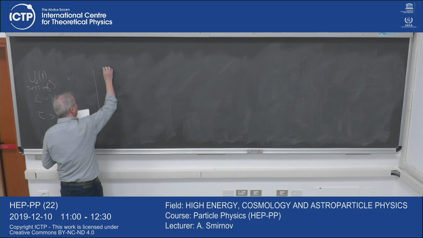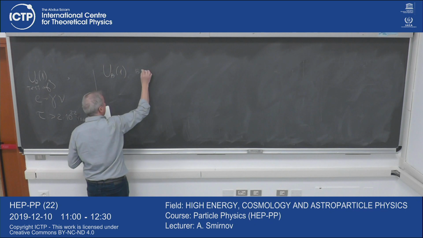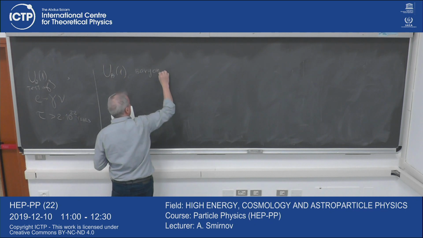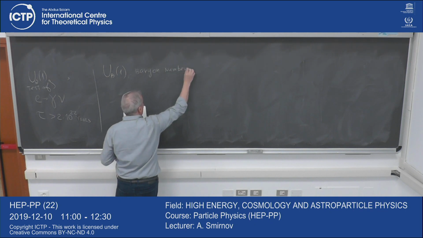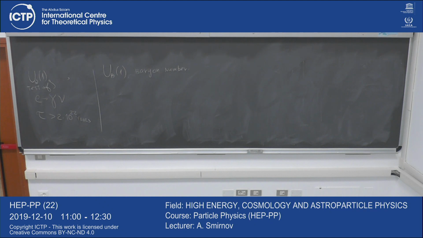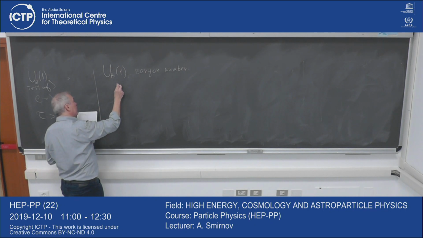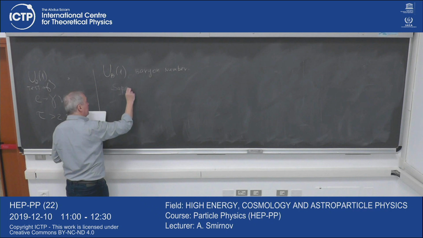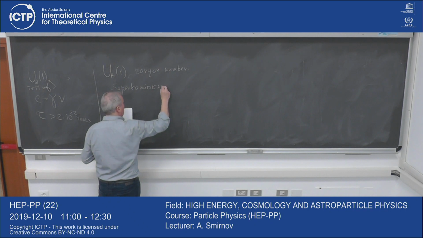Now, baryon number. This U1 corresponds to baryon number. We are looking for proton decay, which is one of the best tests for this. For the time being, the best bounds have been obtained by Super-Kamiokande.